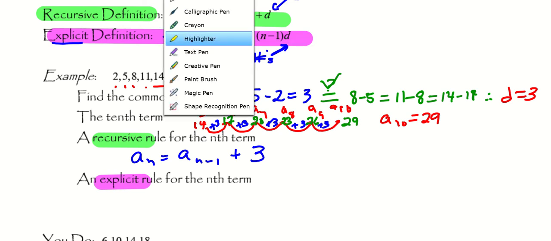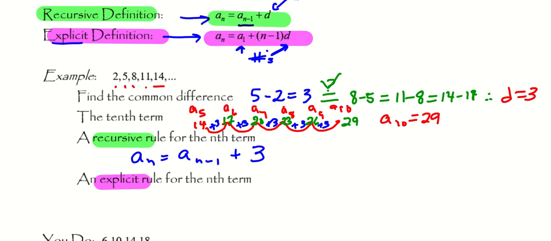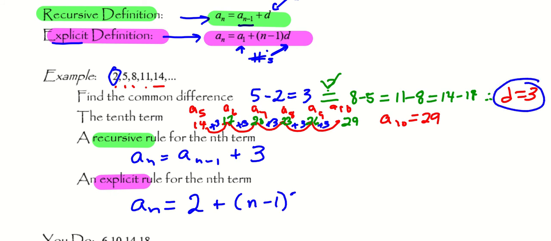So we're going to plug into that, and we get that a sub n is equal to a sub 1, and we're going to put in the value of that first term, which is 2, plus n minus 1 times our common difference, which we found here is 3. So in this case, if I wanted to get to the 10th term, I would add 9 3s to get from the first term to the 10th term.